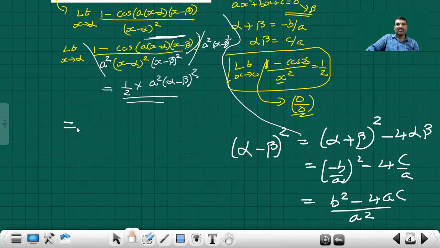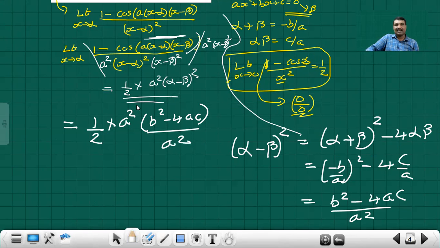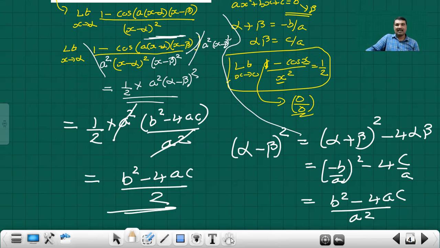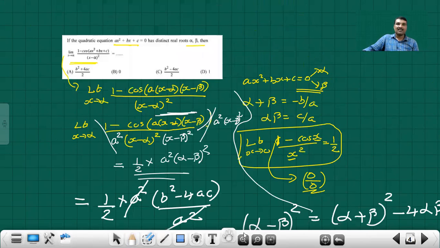Now put the value in this equation. It becomes 1 by 2 into a square into b square minus 4ac divided by a square. A square and a square get cancelled. So this is equal to b square minus 4ac by 2. This is the option.